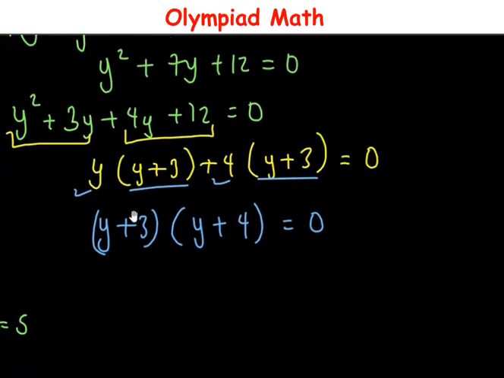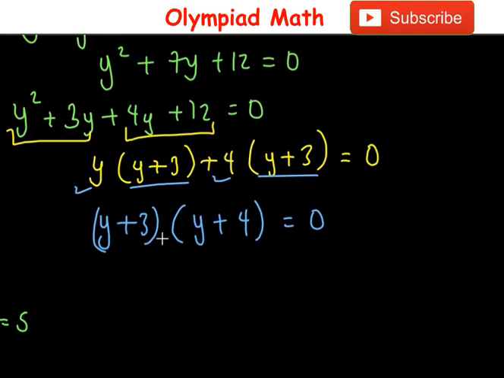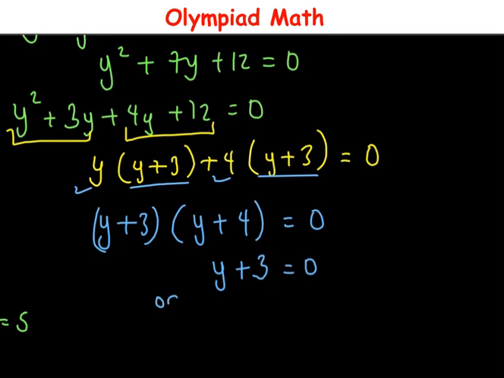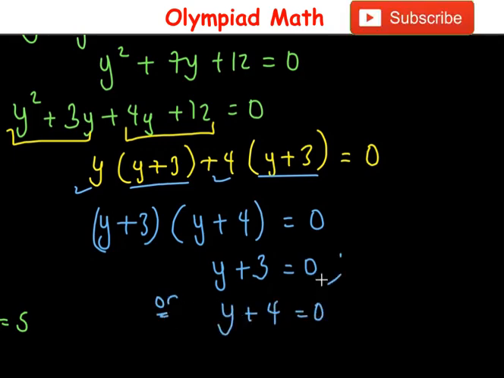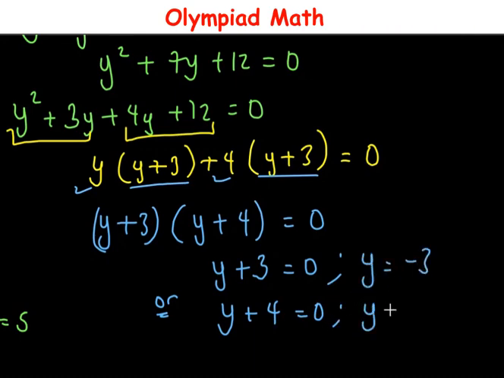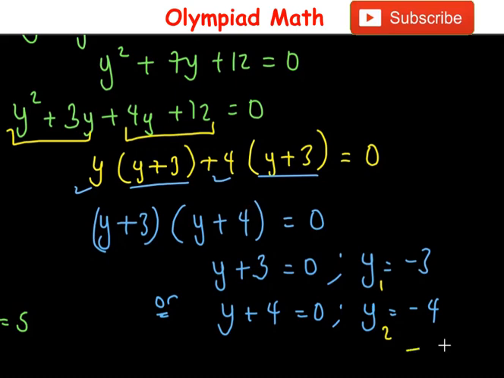So from here, we can equate this to 0. y plus 3 equals 0, or y plus 4 equals 0. From this, y is equal to minus 3, and from this, y is equal to minus 4. So we have the first solution of y and the second solution of y.